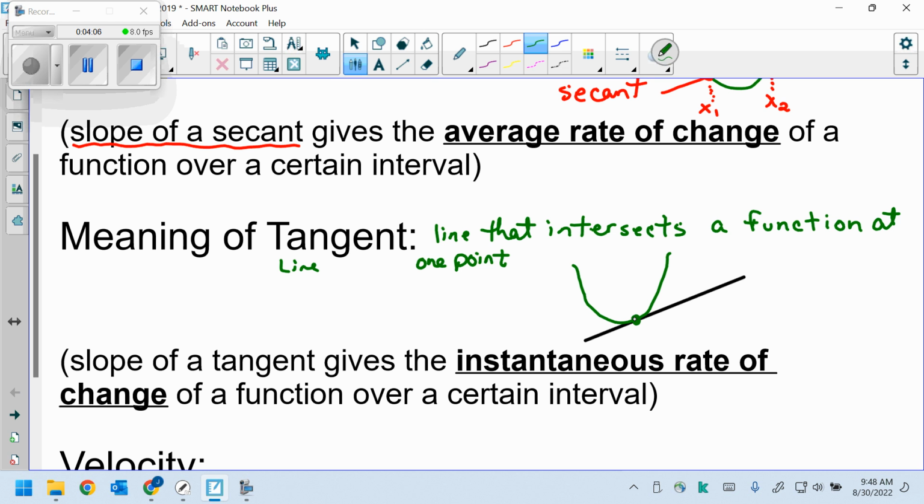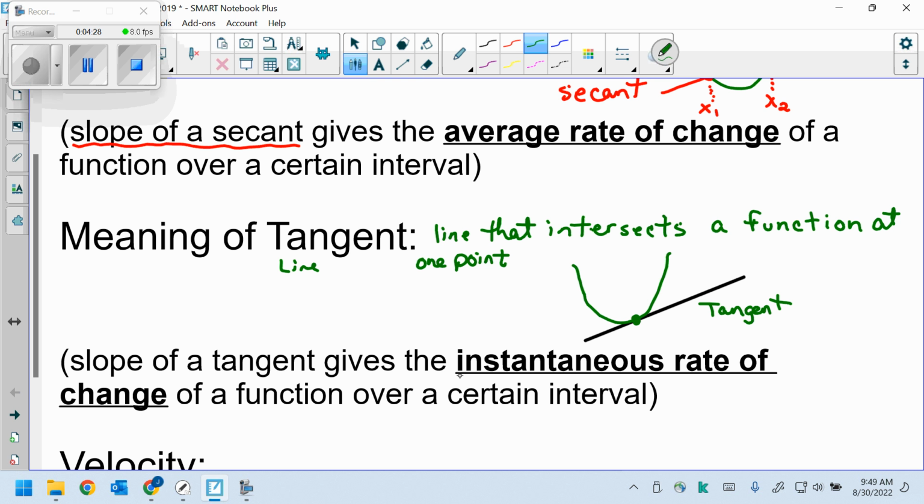And if we find the slope of this tangent line, that's going to give us not the average rate at which the green function is changing, but it's going to give us the instantaneous rate at which this function is changing.